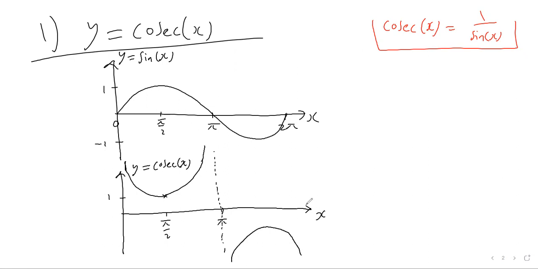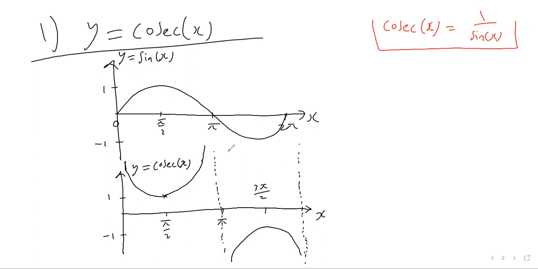You've got, again, an asymptote at 2 pi, because sine 2 pi is 0, and 1 divided by sine 2 pi gives you an undefined value. So you get an asymptote down here, and you get this local maximum point at 3 pi over 2, so when the angle is 270 degrees.